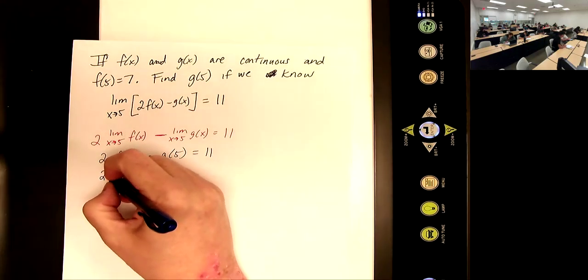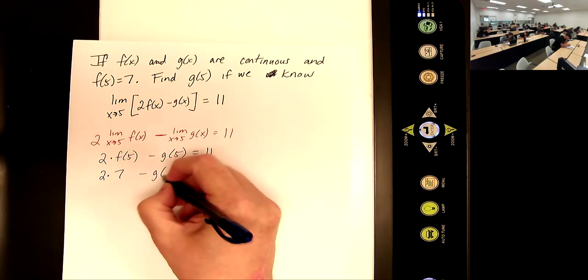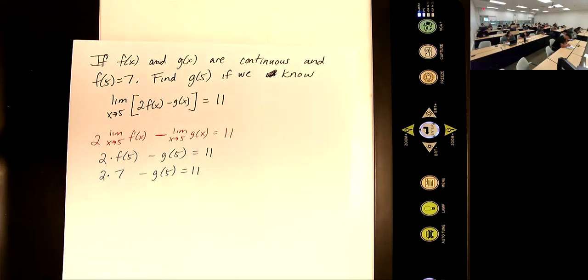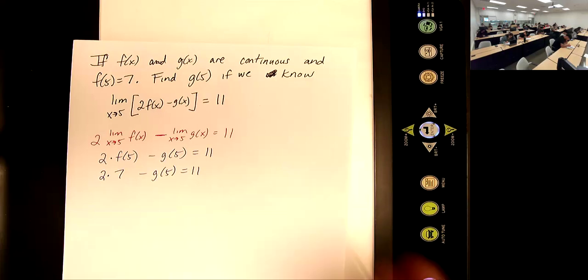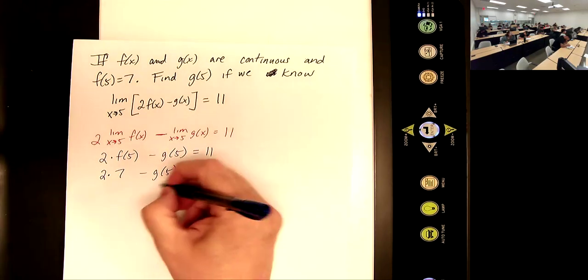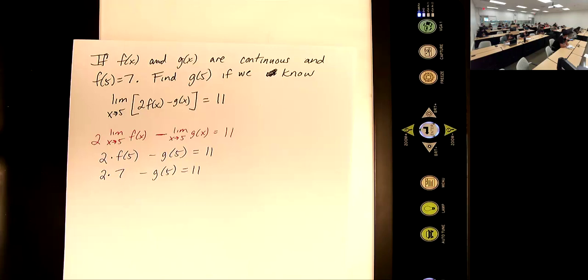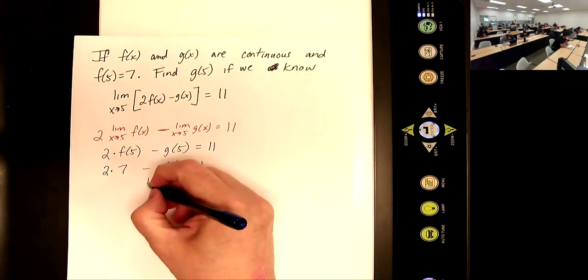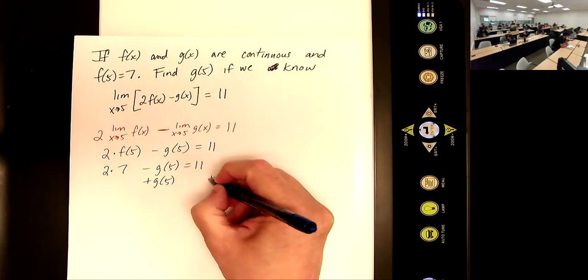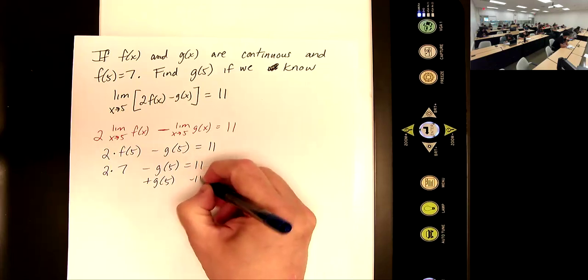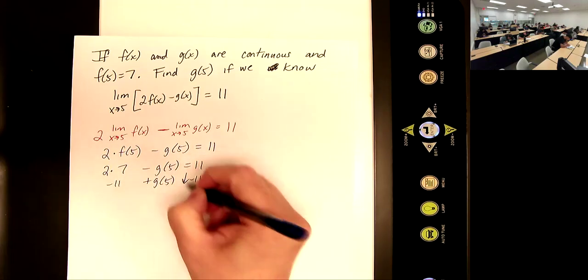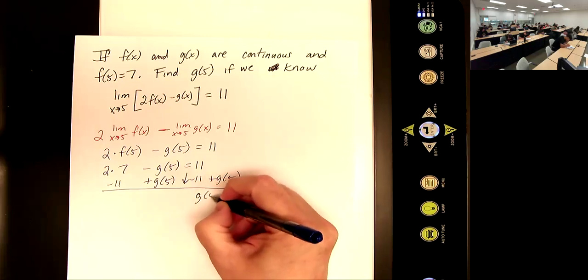F of 5 was 7. So I will add g of 5 to both sides just to get it by itself, and I'll subtract 11 from both sides. The right side is g of 5.